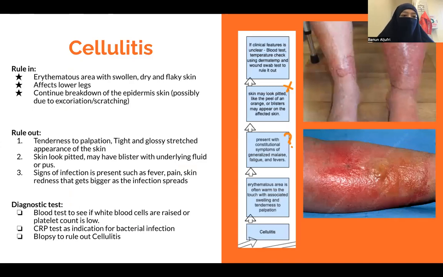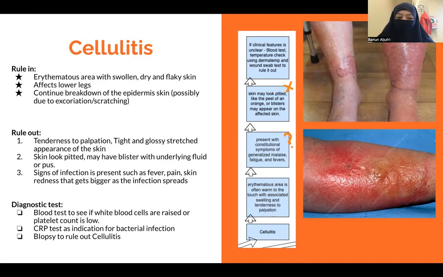The next one is cellulitis. Ruling in for this one is erythematous area with swollen, dry, and flaky skin. It affects lower legs. Continued breakdown of the epidermis skin, possibly due to excoriation and scratching, may be because it has that itchiness. Ruling out for this one is tenderness to palpation, tight and glossy stretched appearance of the skin.